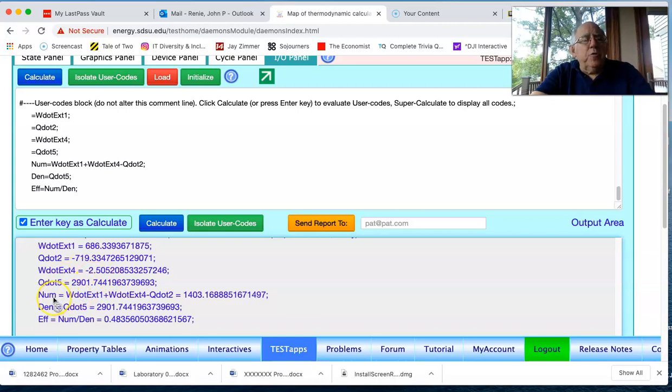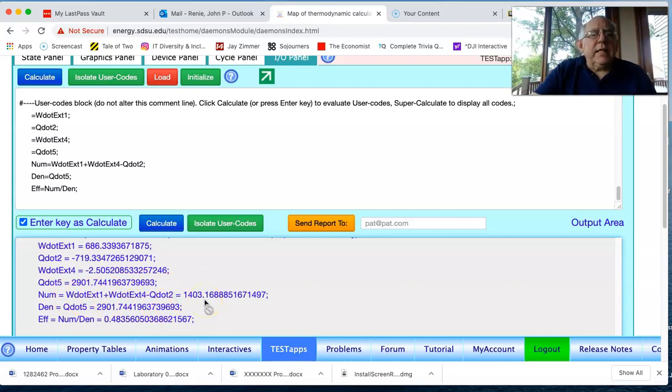And so the numerator in our thermal efficiency equation then is the positive turbine work, and then I subtract the negative pump work. I then subtract the negative campus heating. And so I want this to be a positive. And so all in total, we are actually delivering 1403 of goodies.